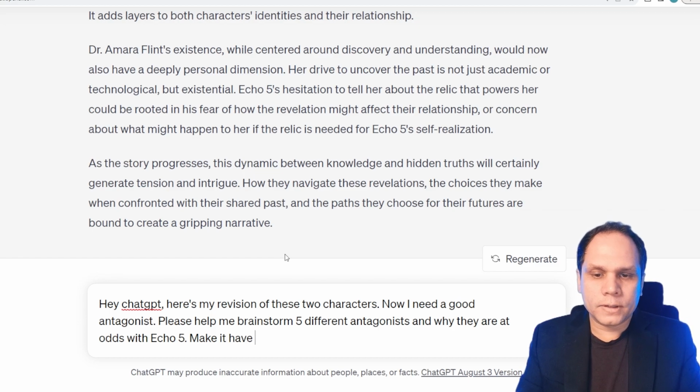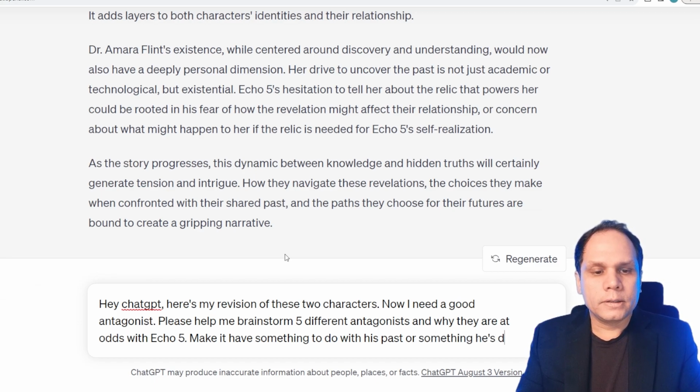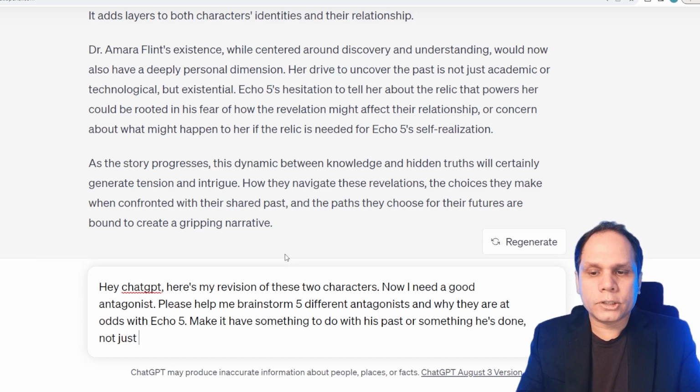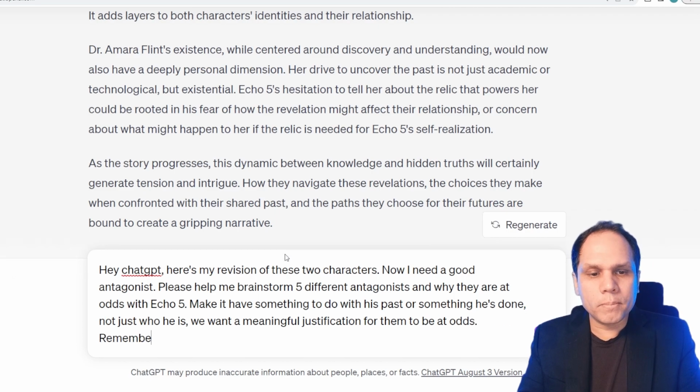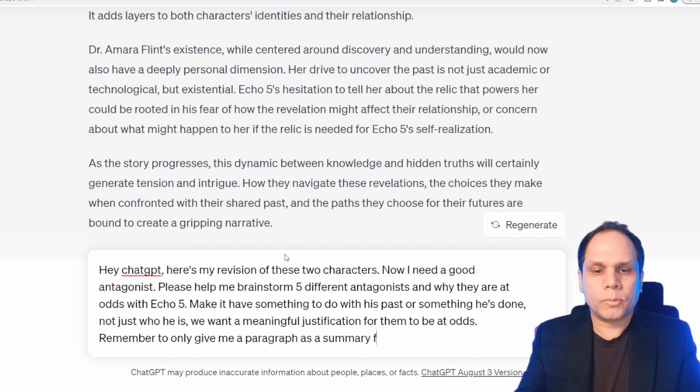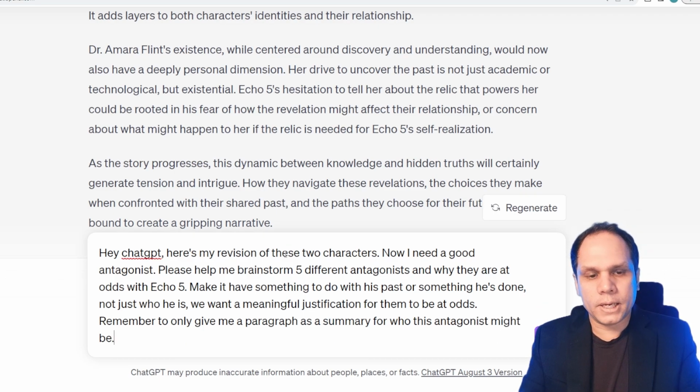Make it have something to do with his past or something he's done, not just who he is. We want a meaningful justification for them to be at odds. Remember to only give me a paragraph as a summary for who this antagonist might be.